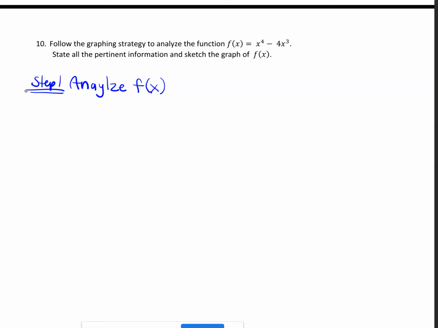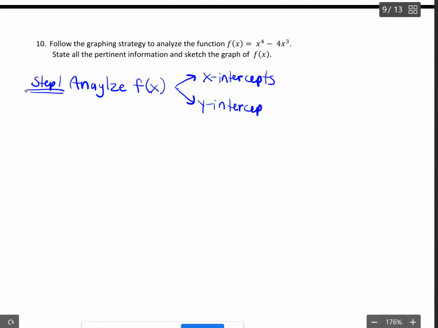That's just going to give us an output of 0. So I take that input and output, and I create an ordered pair, (0, 0). Well, that happens to be the origin of the graph. The origin of the graph is simultaneously an x-intercept and a y-intercept, right? Because it's where both axes intersect each other. So I'm going to put that on both of these: (0, 0).